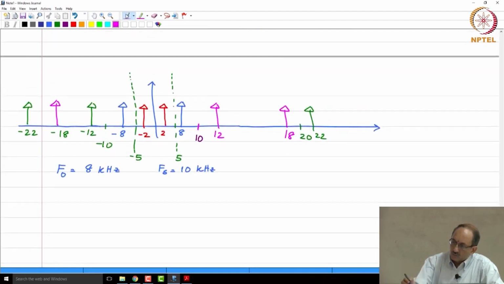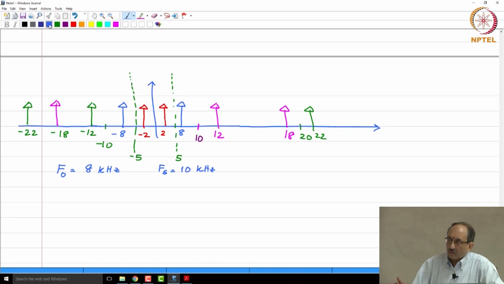The other thing to remember in this context is all practical signals are time limited. If a signal is time limited, what can you say about it in the frequency domain? It will be band unlimited. Therefore, no time limited signal can be band limited, and no band limited signal can be time limited.